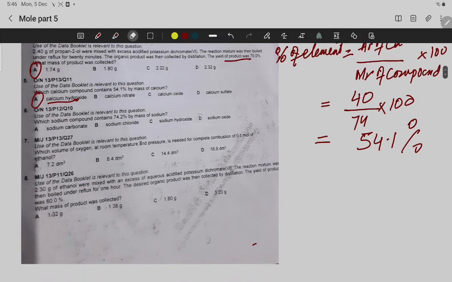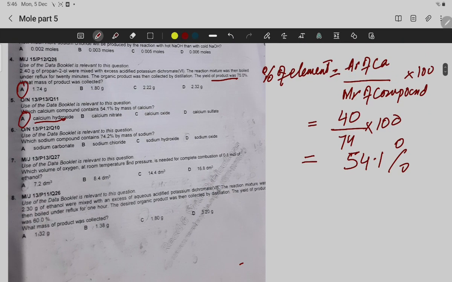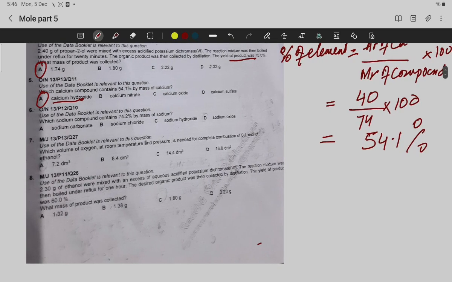So next question is, use of the data booklet is relevant to this question. Which sodium compound contains 74.2% by mass of sodium? So you can check this question like this. For example, 74.2% sodium carbonate. We follow this method as I have done earlier.